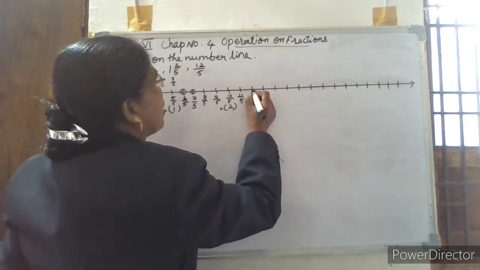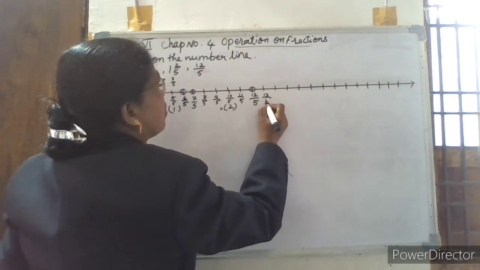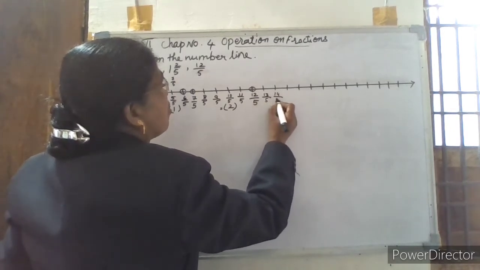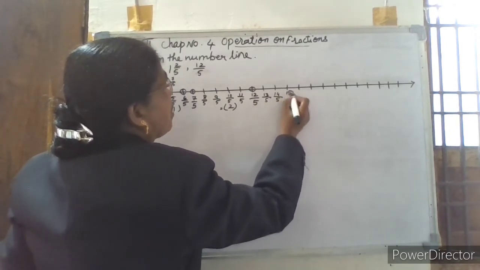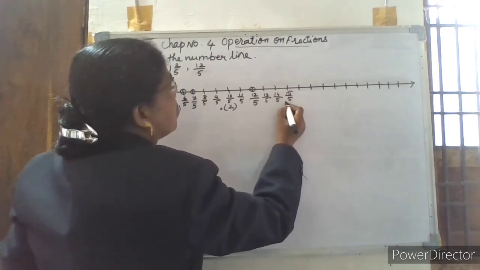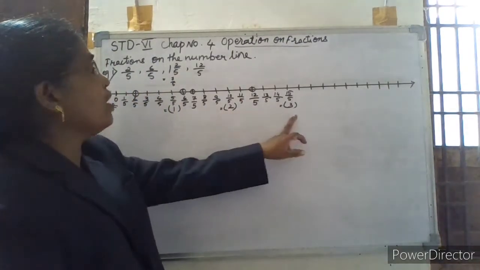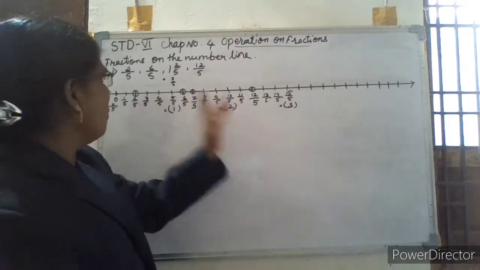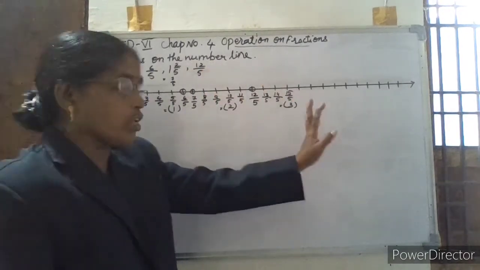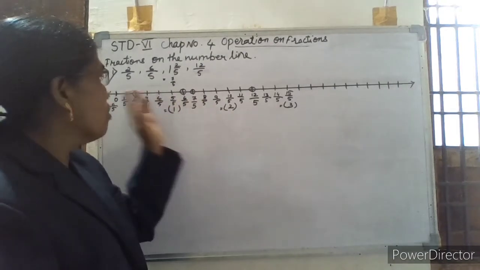And 13 by 5, 14 by 5, 15 by 5, this is equal to unit 3. So 12 by 5 lies between unit 2 and 3. This is enough because more numbers are not given. Yes, so in this way you have to show the fractions on the number line.